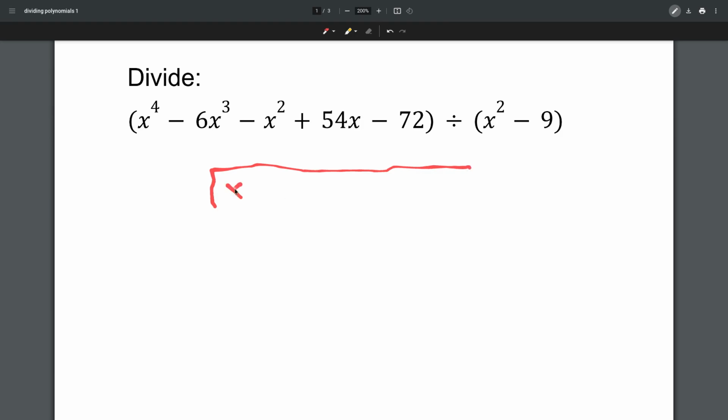And then I've got x to the fourth minus 6x cubed minus x squared plus 54x, make this a little bit longer, minus 72. And we're dividing by x squared minus 9.